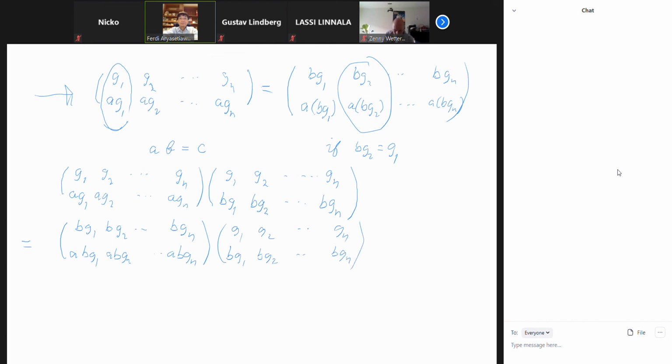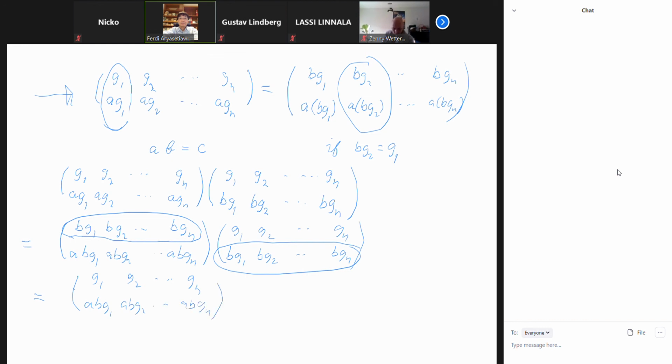Okay, so now when we multiply two permutations, we just make sure that the first row is equal to the row at the bottom here. So that gives me then G1, G2, Gn, ABG1, ABG2, ABGn.